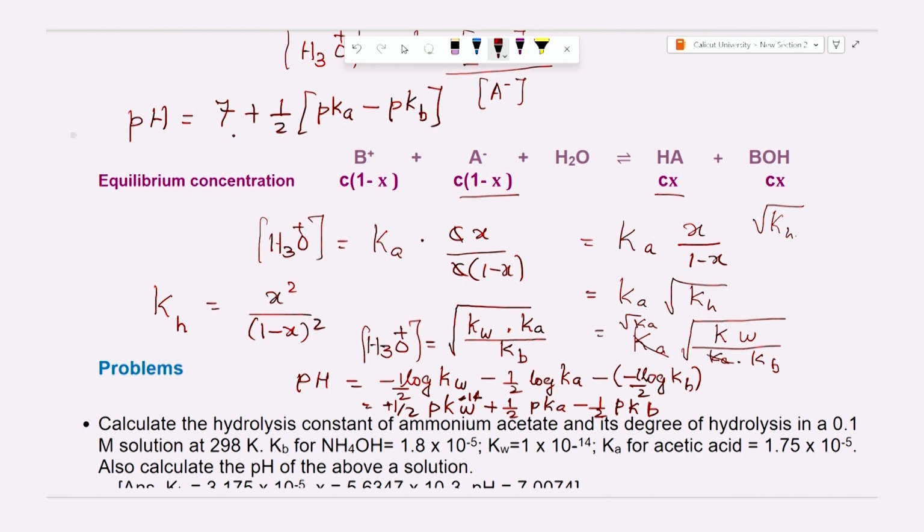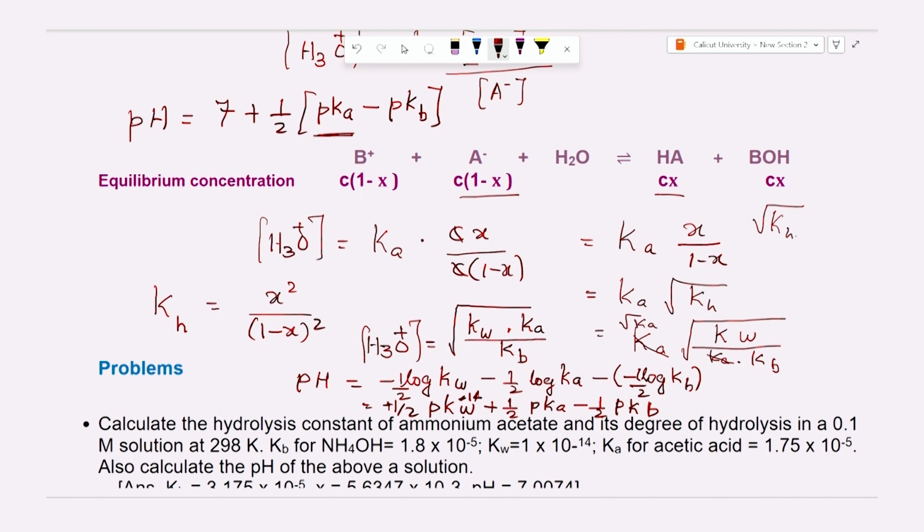Now, here we have to note that the pH of the solution depends upon the dissociation constants, pKa and pKb. Whichever is greater, depending on that we will get the pH of that solution. If they both are the same, the pH will remain around 7, which will be neutral.